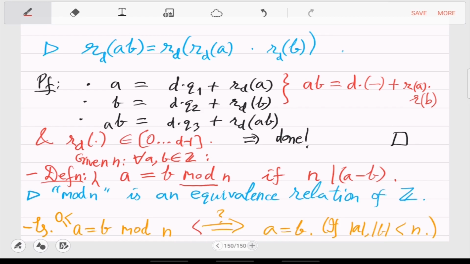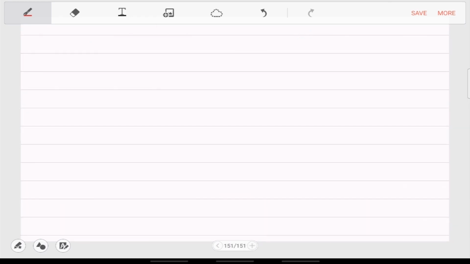Right, so let's see an example of how this drastically changes the calculations. Suppose you want to compute R of 2 raised to 64 dividing by 10. Right, suppose you want to compute the last digit of 2 raised to 64. So how will this thing help? Mod 10 arithmetic.